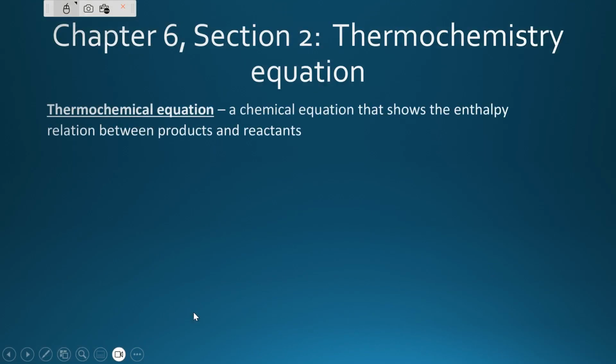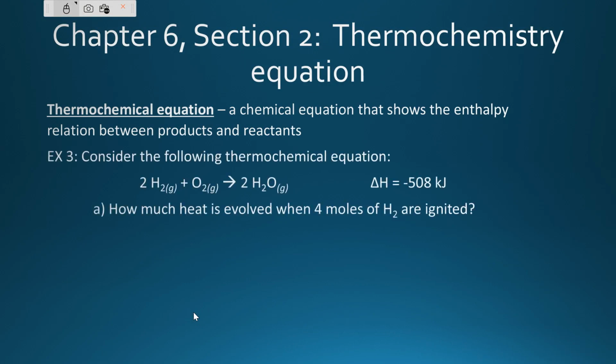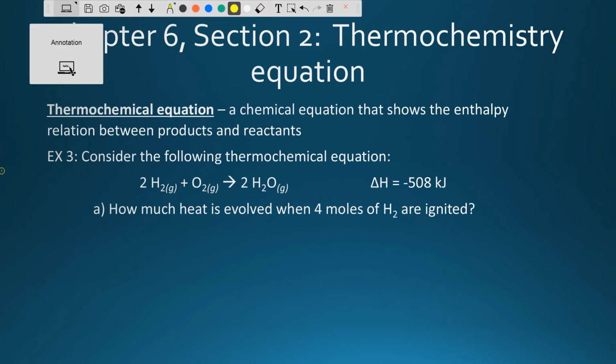Okay, now the last type of problem is taking a look at a thermochemical equation, showing the enthalpy relation between products and reactants. So let's take these in turn. For this particular problem, we have 4 moles of hydrogen ignited. That's just 4 moles of hydrogen.